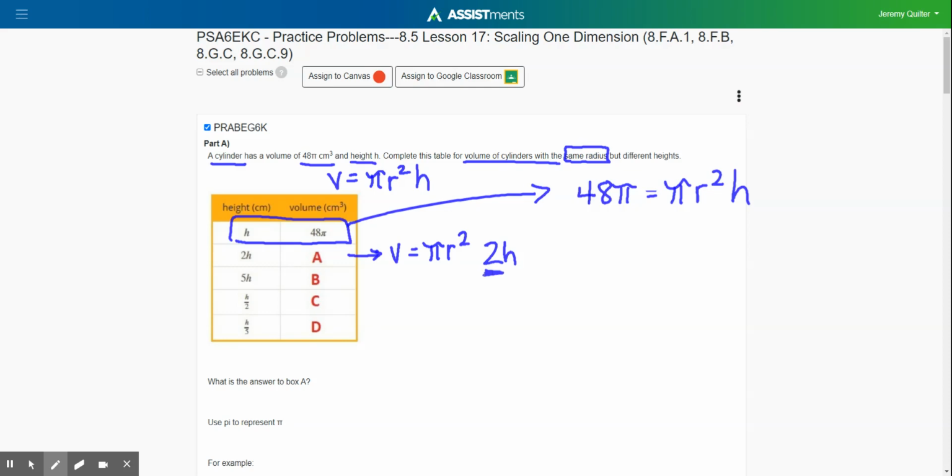If I multiply the height by 2, it effectively multiplies the entire expression on the right by 2.